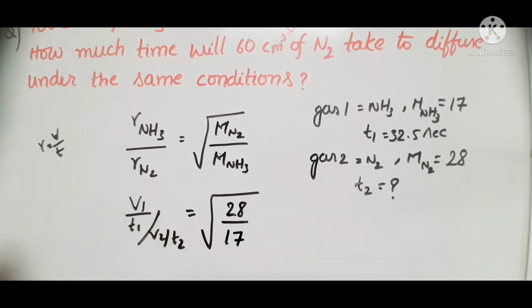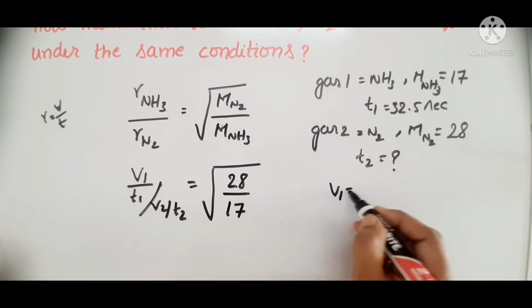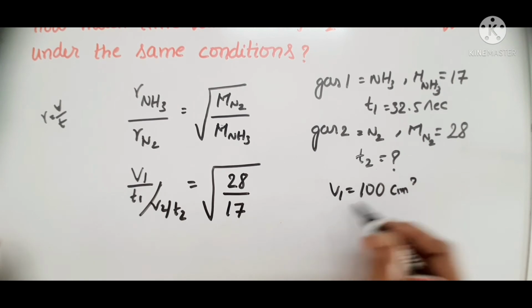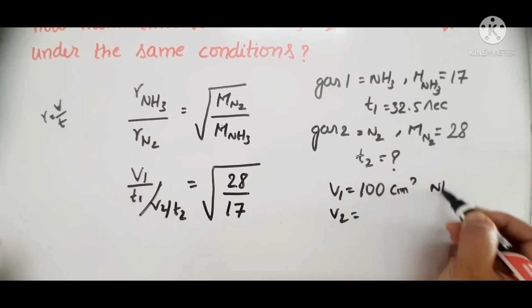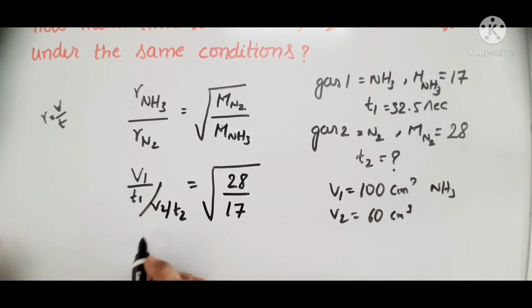So what is V here? V1 is given in the question: ammonia volume is 100 centimeter cube. V2, nitrogen volume, is 60 centimeter cube. So V1 by T1 is 100 by 32.5 seconds, divided by V2, 60, by T2.